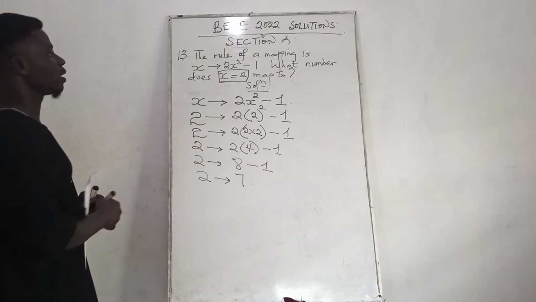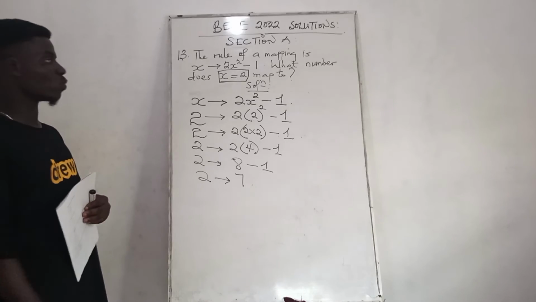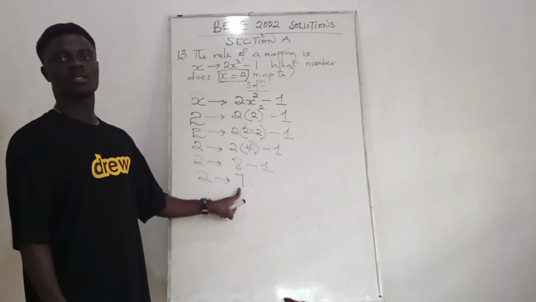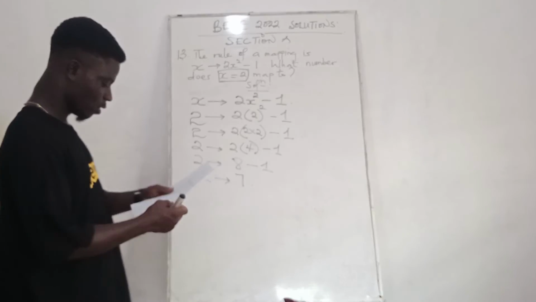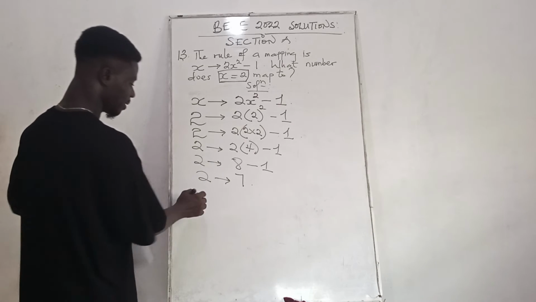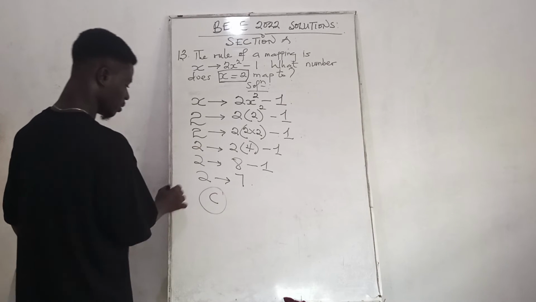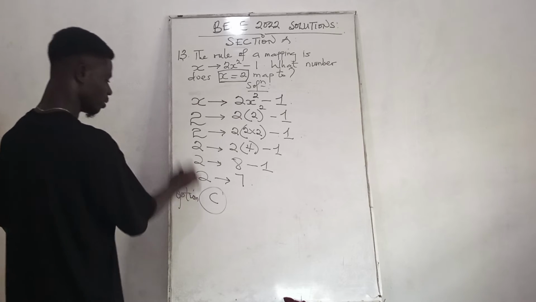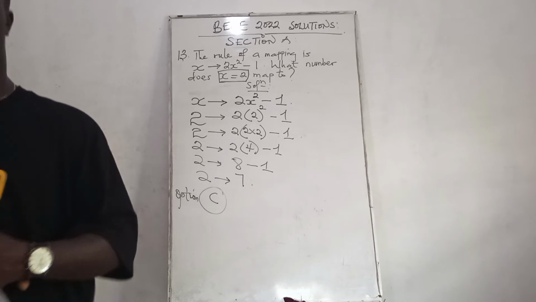So therefore, the number that x equals 2 maps to is 7. So we have option C. Watch it carefully.